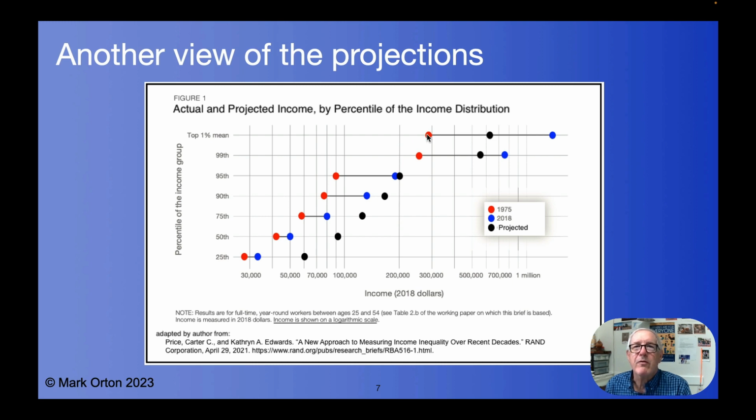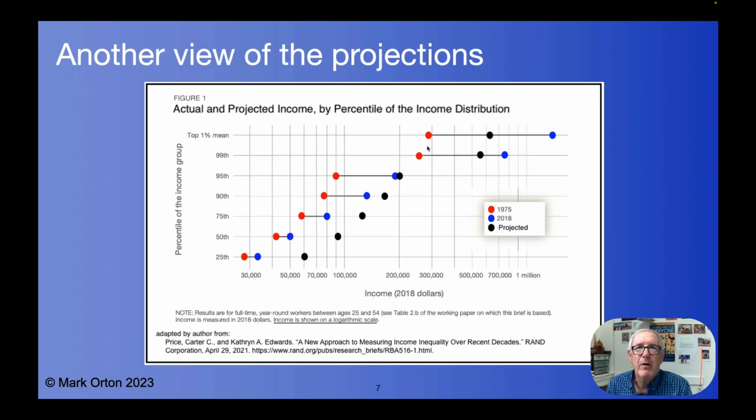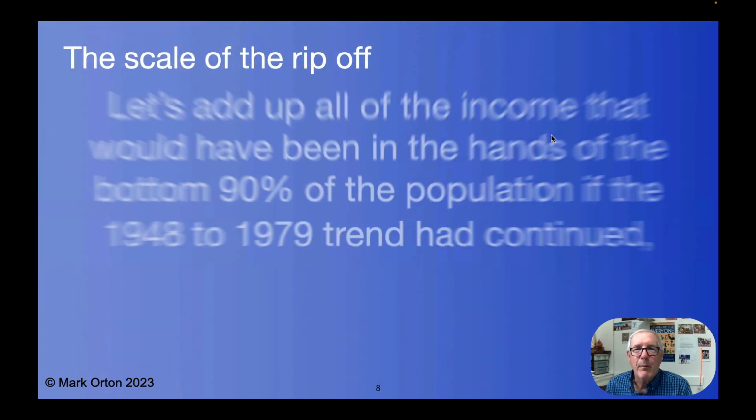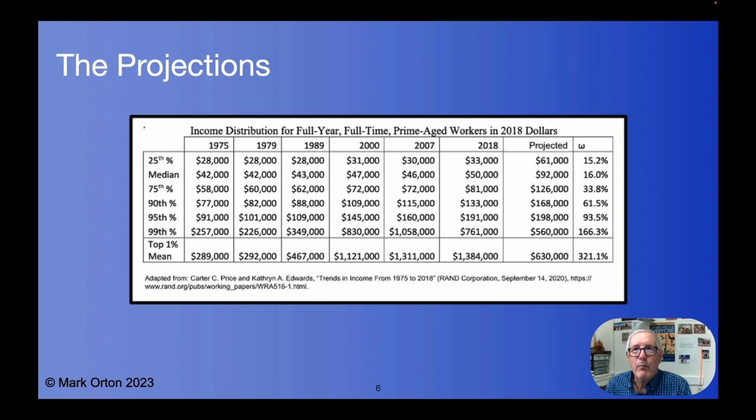In 1975, they were at $289,000. In 2018, they had reached $1,384,000.